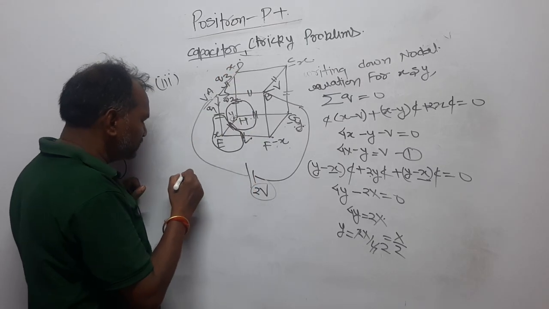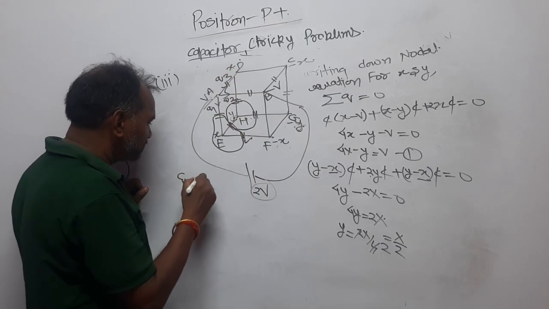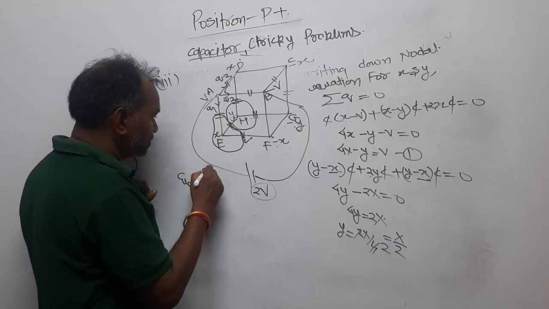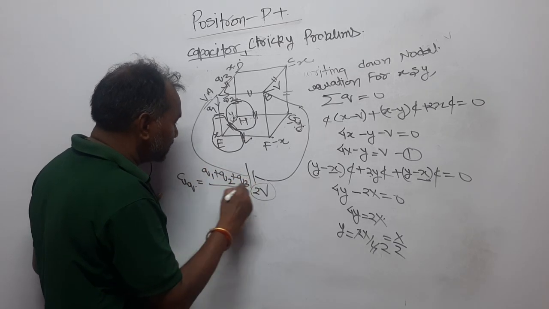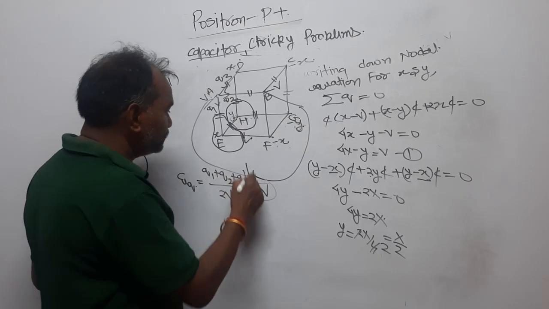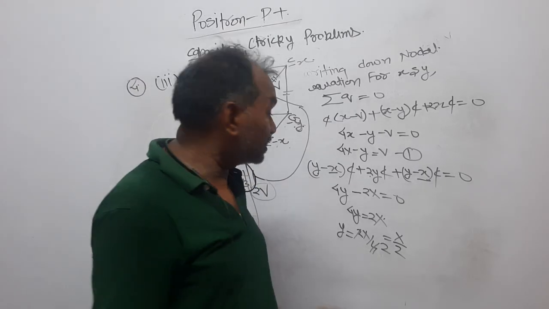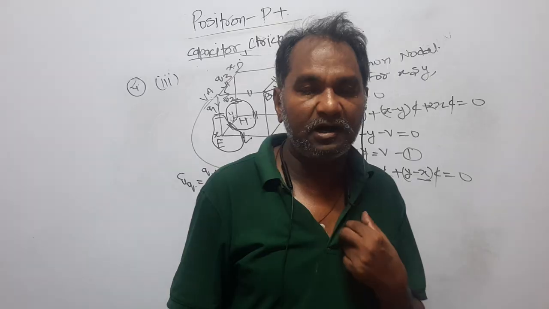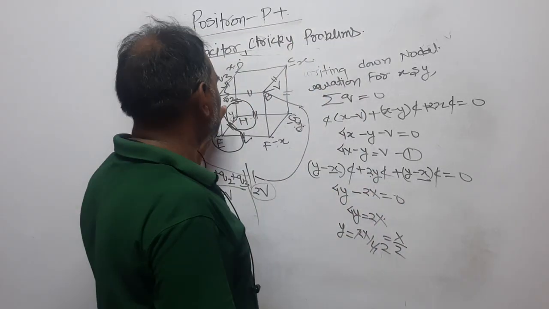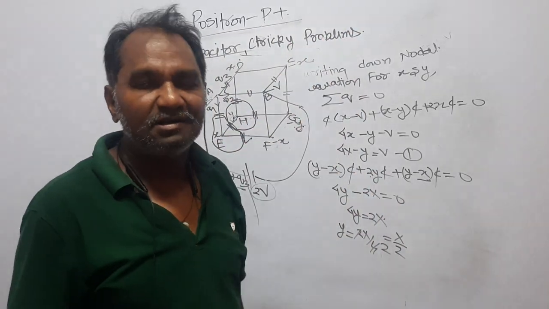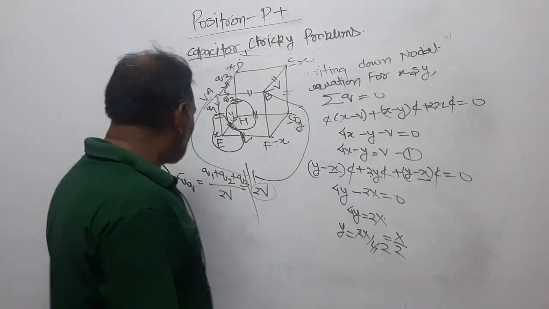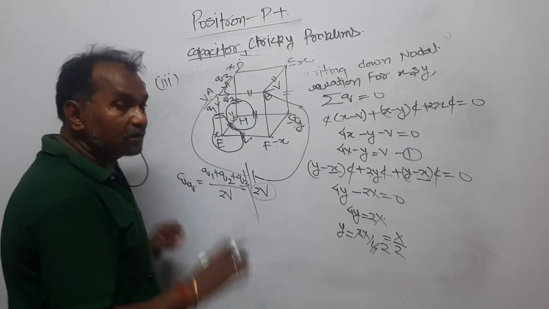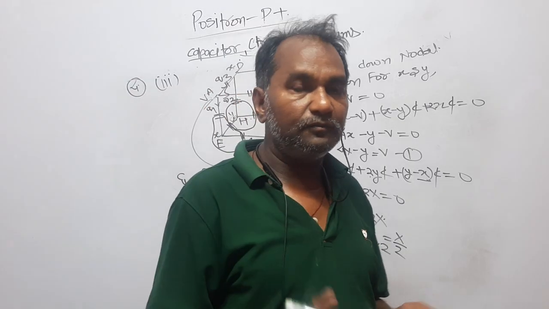Then the equivalent capacitance is total charge Q1 plus Q2 plus Q3 divided by total potential difference 2V. Look here, it is not V. Here you have applied 2V for your convenience, because the distribution will be V minus V, like this. For that reason we have applied 2V, and that is why we are dividing by 2V.